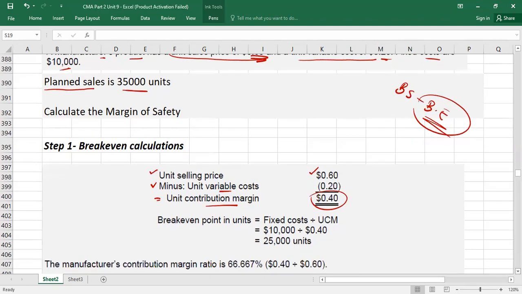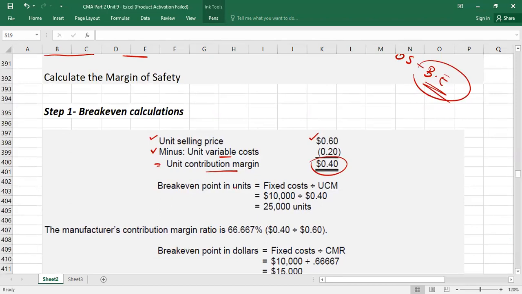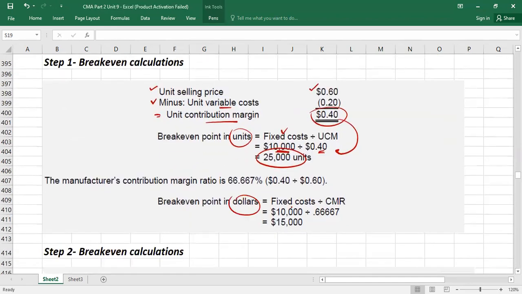Now I can calculate the break-even point in units. What was the formula we studied in the last video? Fixed cost divided by unit contribution margin. Fixed cost is 10,000, unit contribution margin is 0.4. I'll get 25,000 units, the break-even point in units. If I want to calculate the break-even point in dollars, I'll take fixed cost divided by contribution margin ratio.